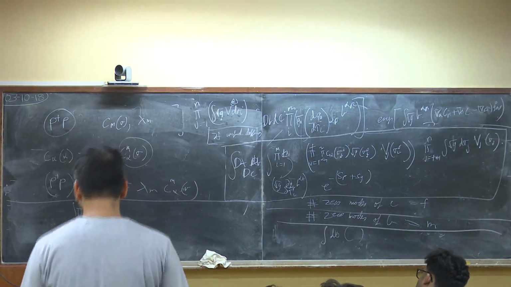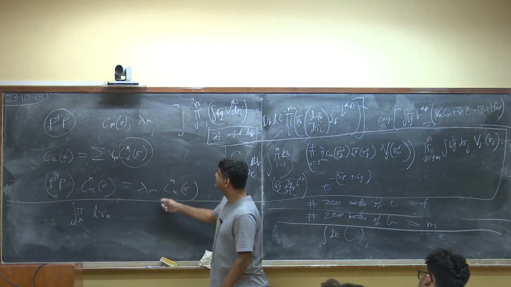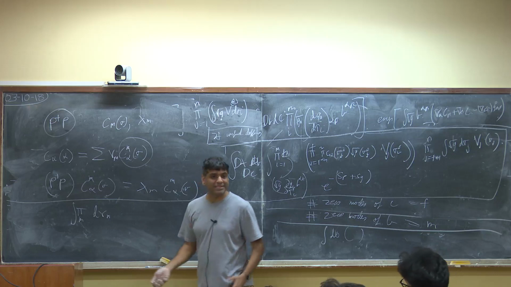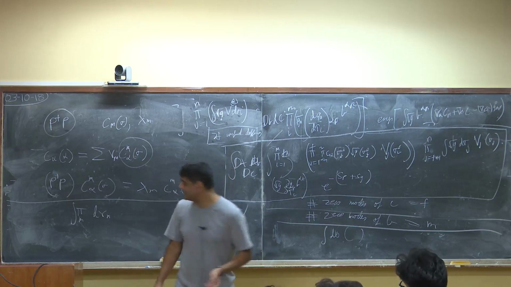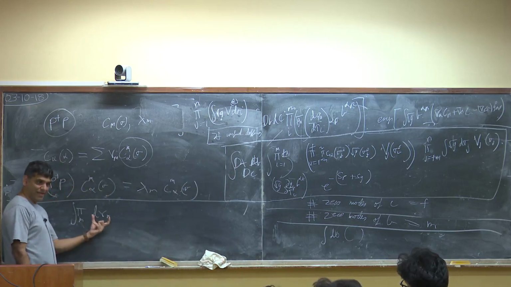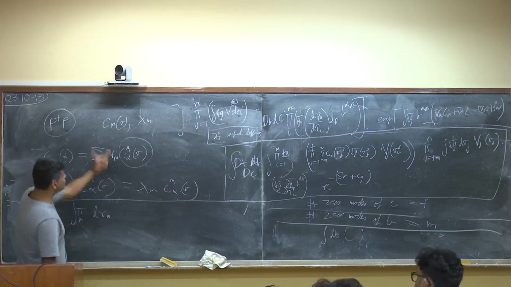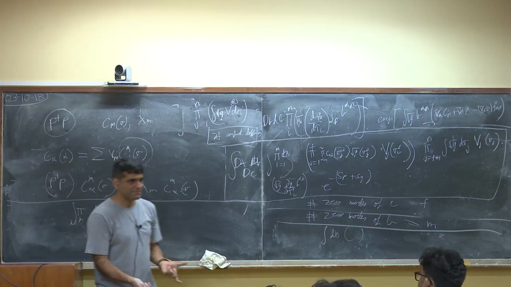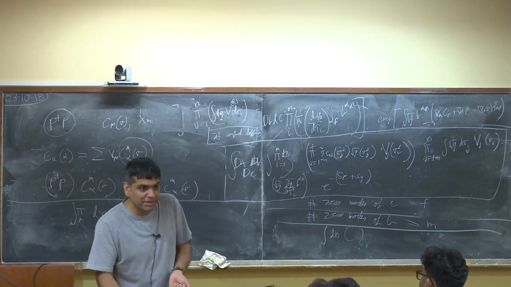Okay? Now, those gamma_m's corresponding to lambda_m equals 0 are the coefficients of the zero modes. The problem with your path integral is that the integral includes integration over the gamma zeros, the gammas that multiply the zero eigenvalue. But those don't enter the action, because they are coefficients of zero modes.